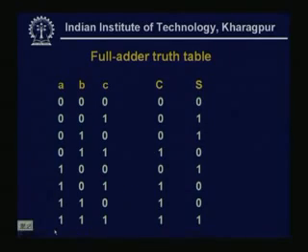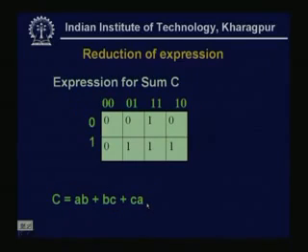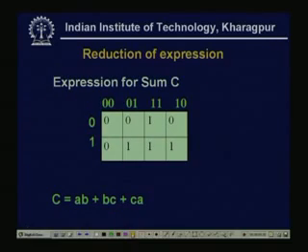So, for 3, 5, 6, 7, if I put A, B, C, the output will be 1 and in the remaining cases it will be 0.